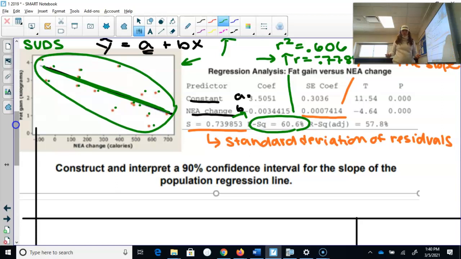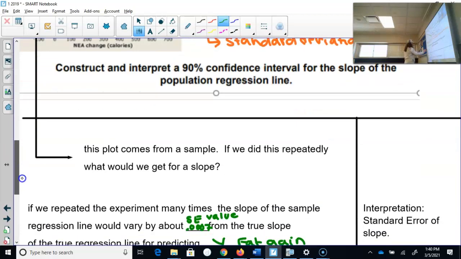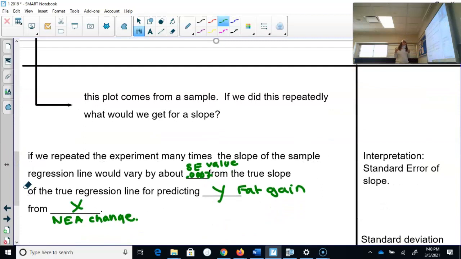No, we wouldn't, because statistics vary, guys. Statistics vary, and this slope right here, this is a statistic. So if I took a whole new sample, same sample size, and I plotted that relationship again, that slope is going to be different. And what that standard error is saying is how much is that going to vary from the true slope of the true regression line, that population slope.